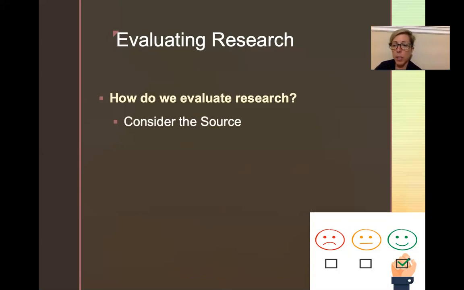One of the first things we want to think about is who the research is coming from. So where is it, what's the source? If I am a researcher at a public university or a private university, a lot of the research that I'm going to be doing is part of my job.